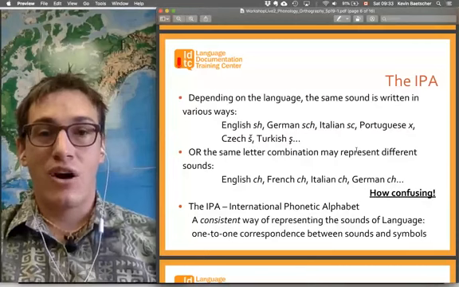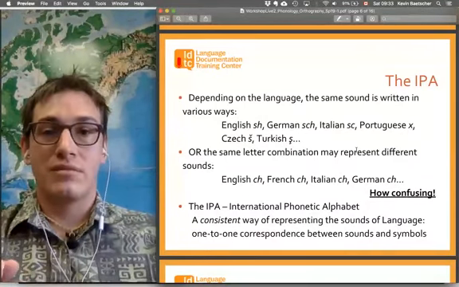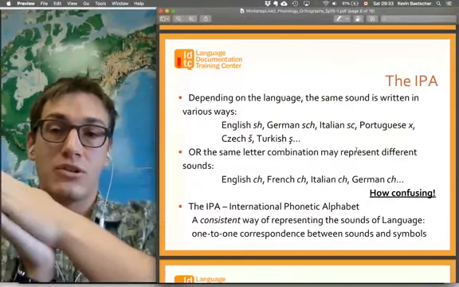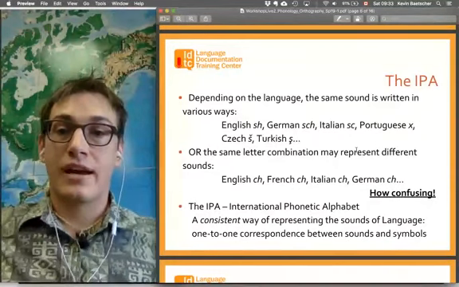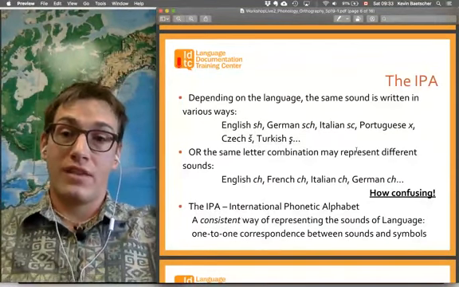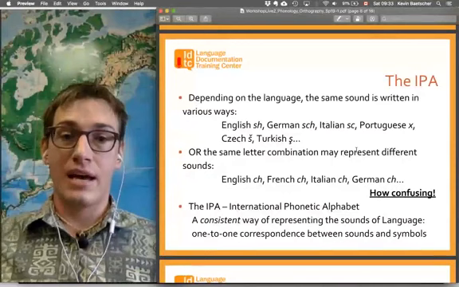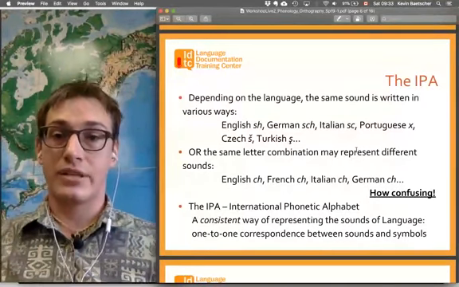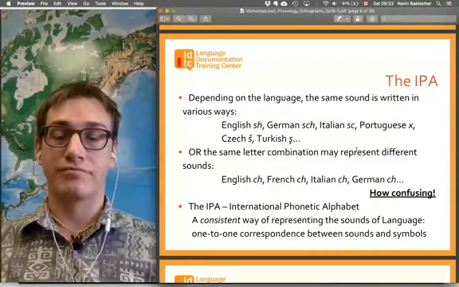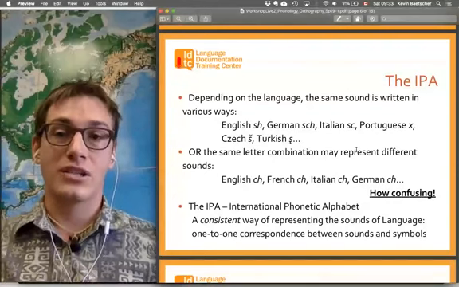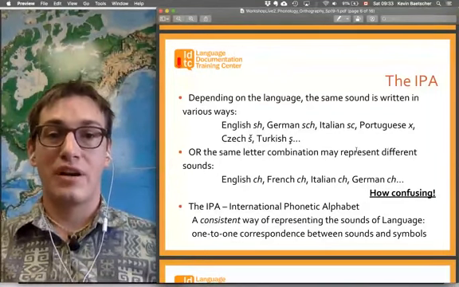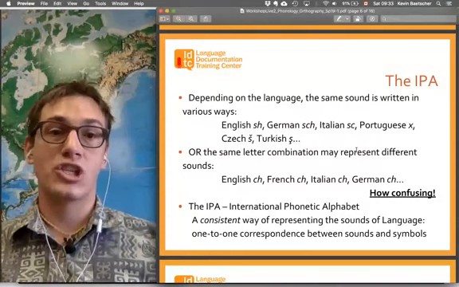And then there are also letters that are used in different languages to represent different sounds. Like I said before, I just gave you the example of ch in English, which is written as ch, right? Same in Spanish, that letter combination is pronounced ch, but in French, this letter combination is pronounced sh.